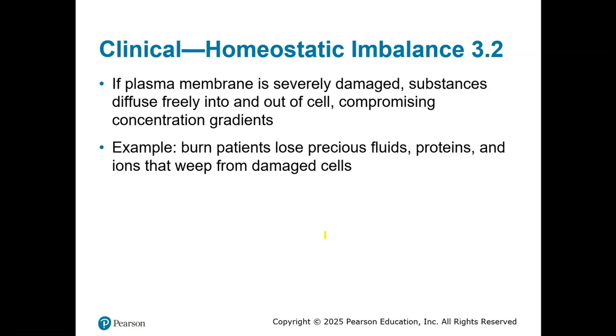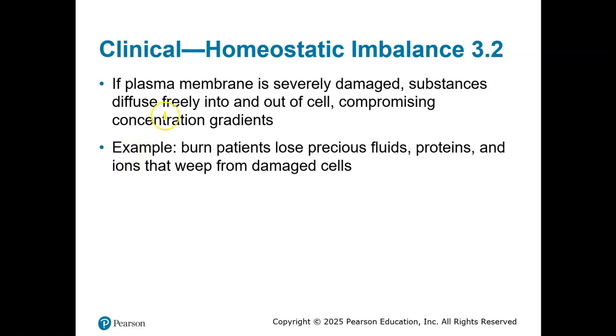It says if the plasma membrane is damaged, substances can diffuse freely into and out of the cell, and that compromises concentration gradients. In other words, concentration gradients need to be set for certain substances because it's necessary for things like muscle contractions and nerve impulses.